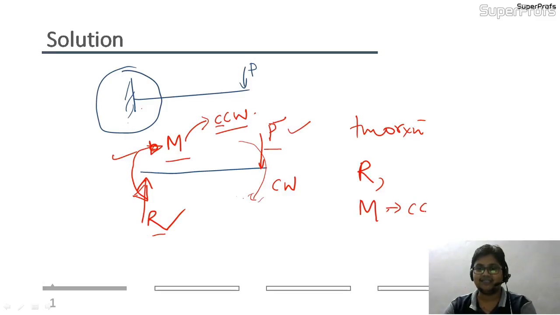So a moment and a vertical reaction come from the fixed support, which offers them to balance this beam.